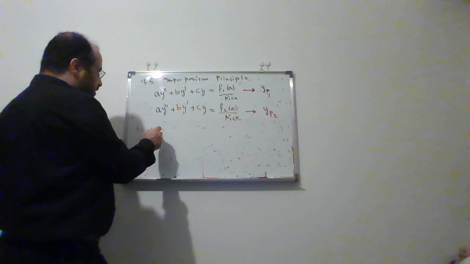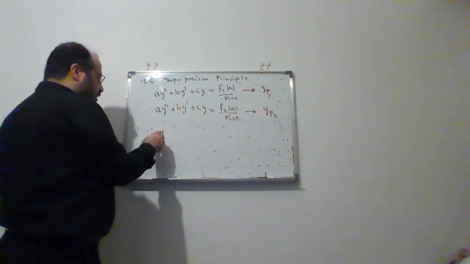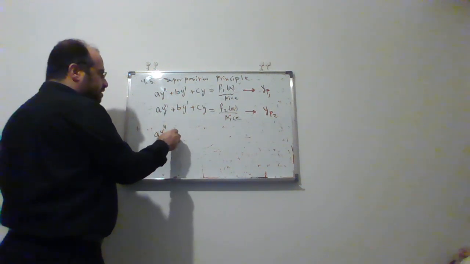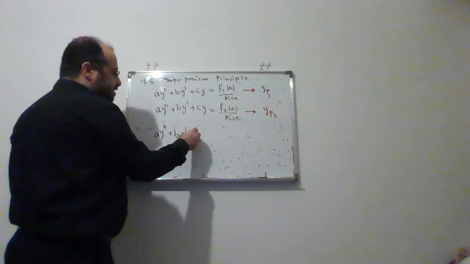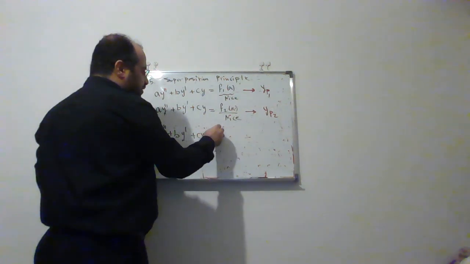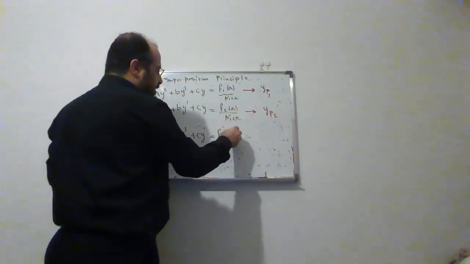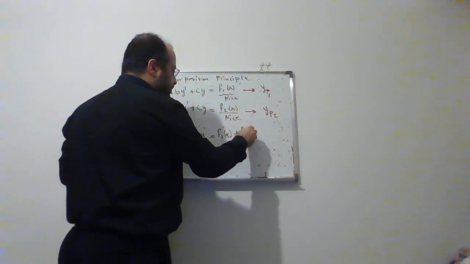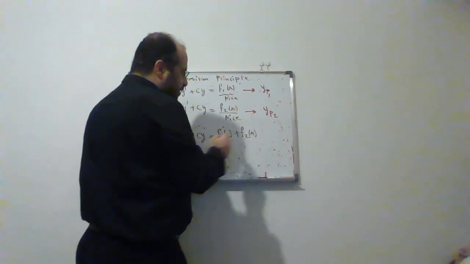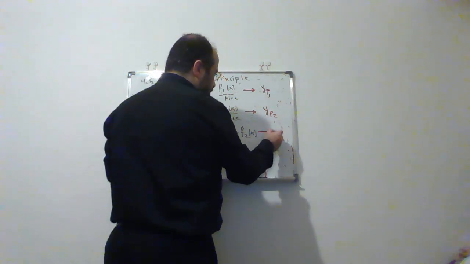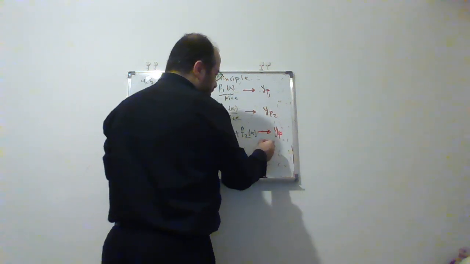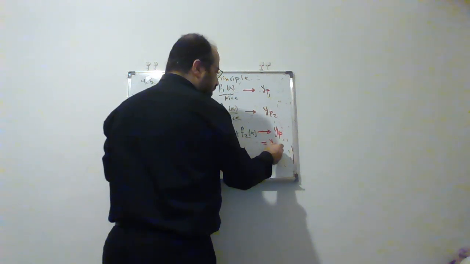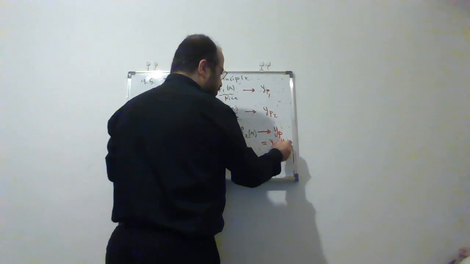Now what about y double prime plus p y prime plus c y equal to f1 of x plus f2 of x? What is y particular here? Y particular will be y particular 1 plus y particular 2.